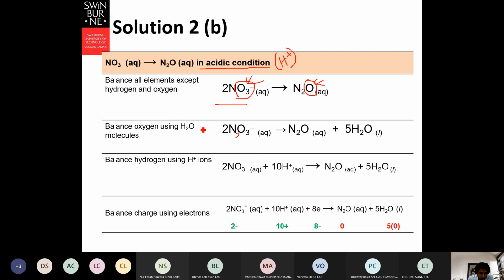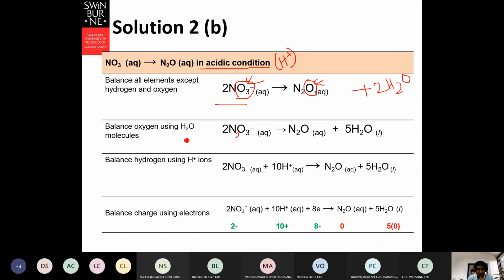So where do the 2 other oxygen atoms go? According to the rule that we have seen, oxygen atoms should be balanced by producing water molecules. So these 2 oxygen should produce 2 water molecules.